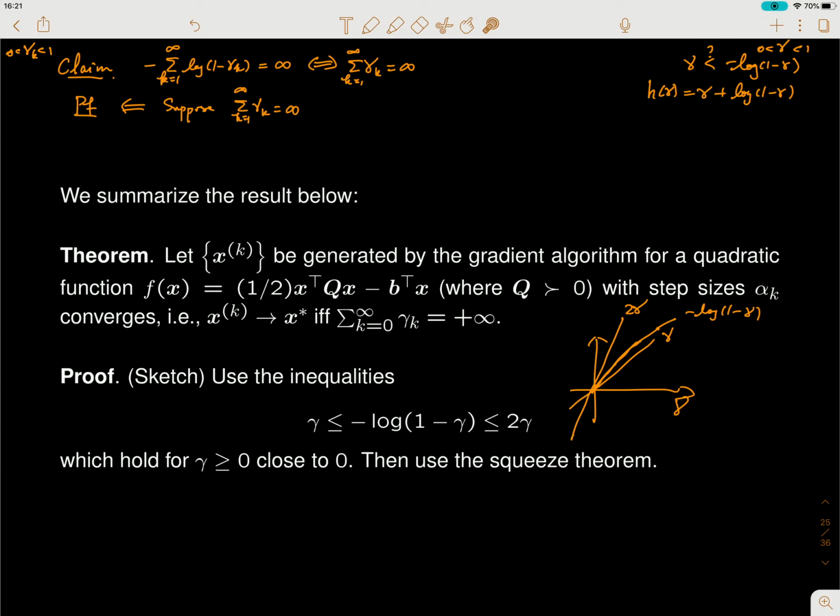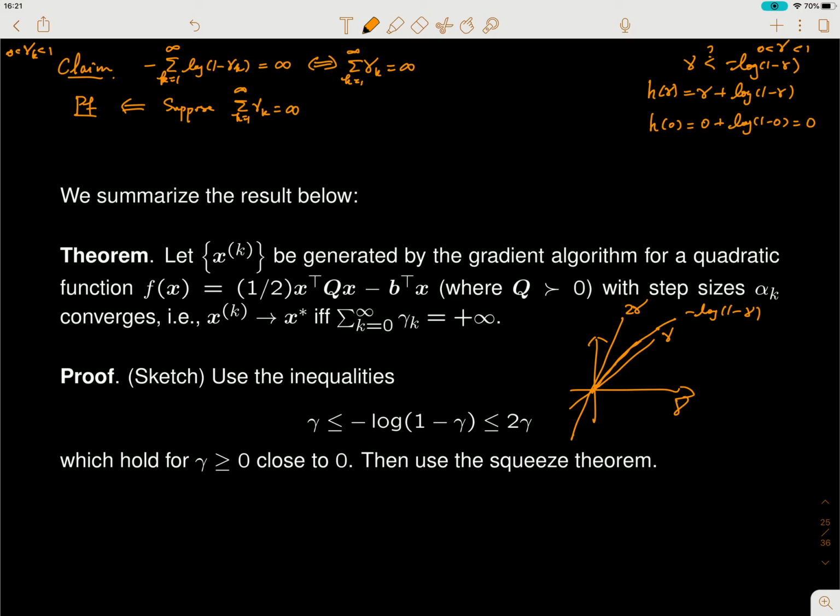So how to show that h of gamma is less than 0 over this interval? Well, let's first see that h of 0 is equal to what? It's 0 plus log of 1 minus 0, which is 0.